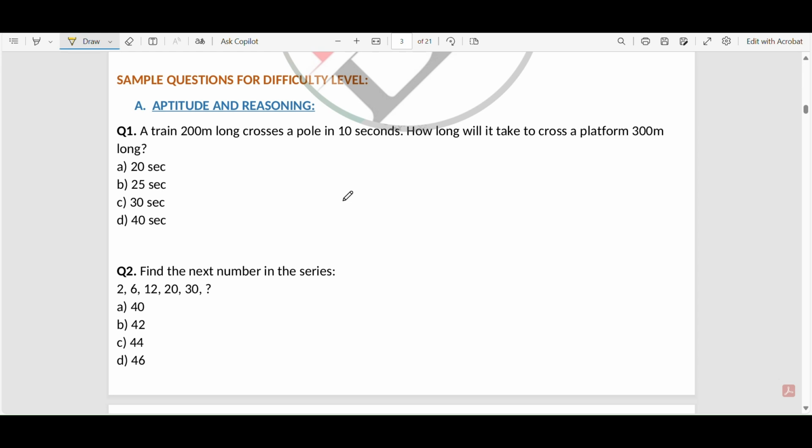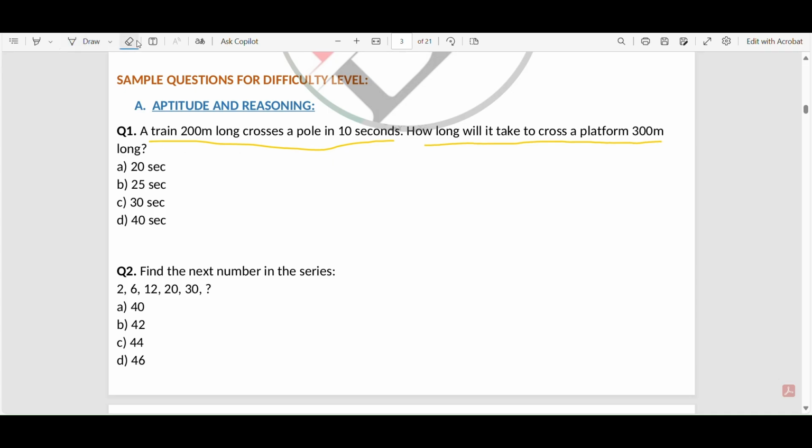The first question will be: a train 200 meters long crosses a pole in 10 seconds, right? And how long will it take to cross a platform 300 meters long?